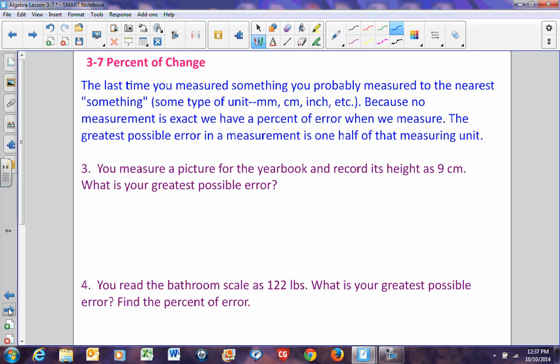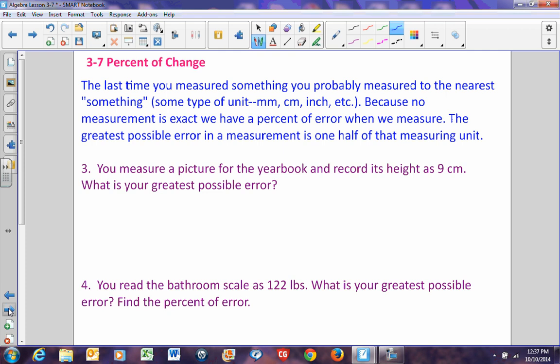All right. The last time you measured something, you probably measured to the nearest something: millimeter, centimeter, inch, foot, whatever. Because no measurement is exact, we have a percent of error when we measure. We as humans are measuring. We make mistakes. So there's got to be some sort of a percentage of error. The greatest possible error in a measurement is 1/2 of that measuring unit. So if you measure a picture for the yearbook and record its height as 9 centimeters, what is my greatest possible error?